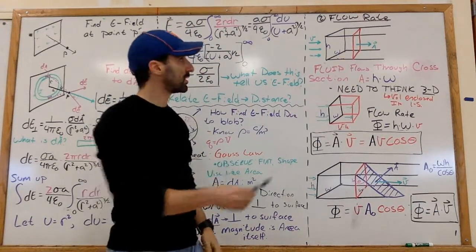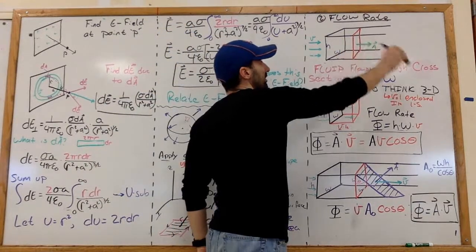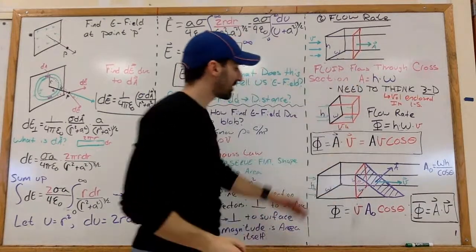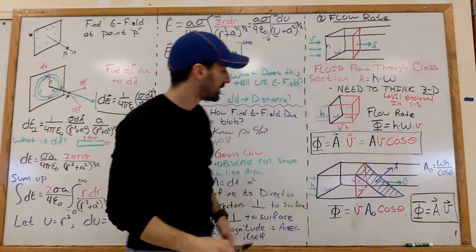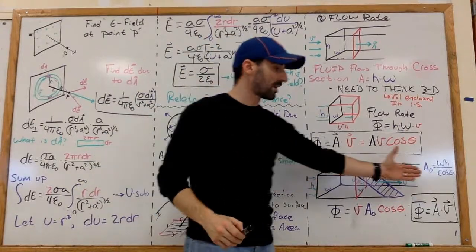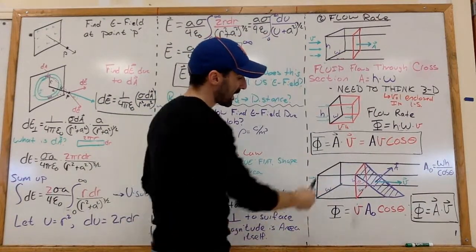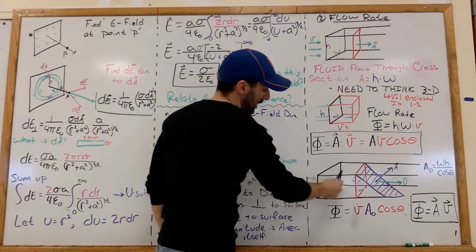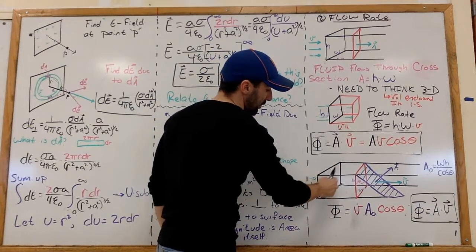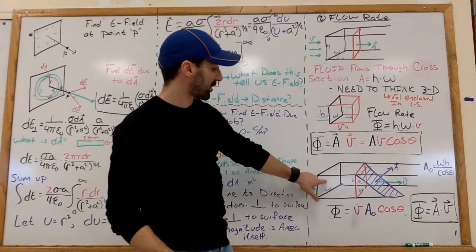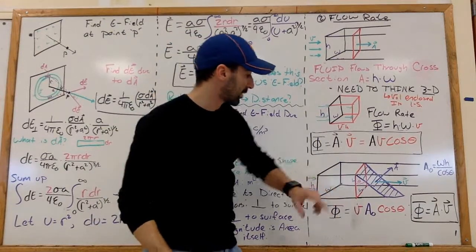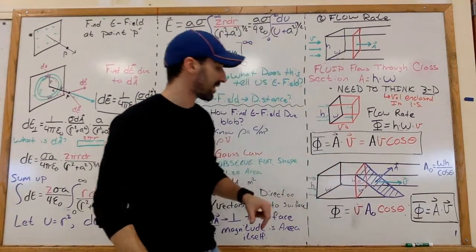There's a third option. What if it's not perpendicular? What if it's not parallel? What if it's at some off angle? So here again, I've redrawn my air duct. I've got my velocity flowing through it. I know that my air per unit second, my flow rate air per second here, is the same as going through the red surface area there.